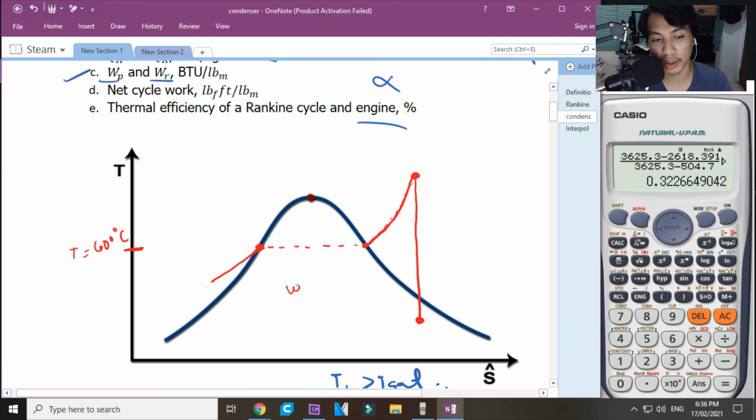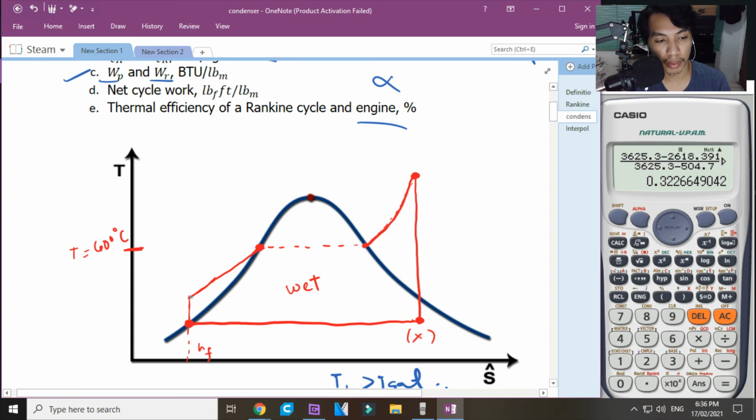Tapos, papunta rito, pabalik. Papatong dito yung sa pump mo. This is liquid, HF yan. Dito meron kang X. Tapos sa akit yung bahagya for the pumping.